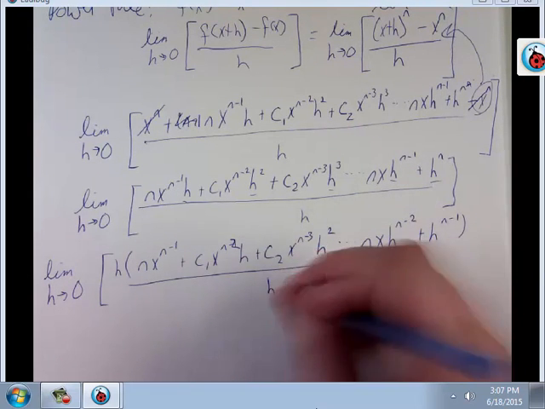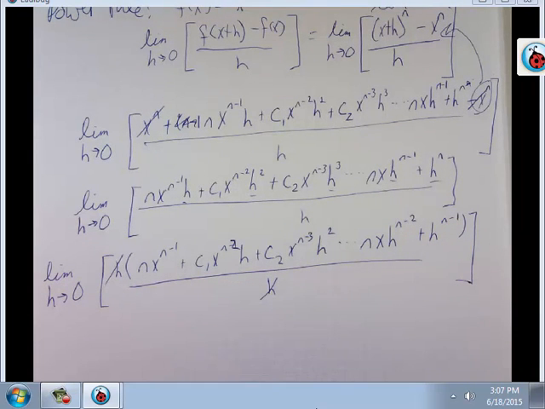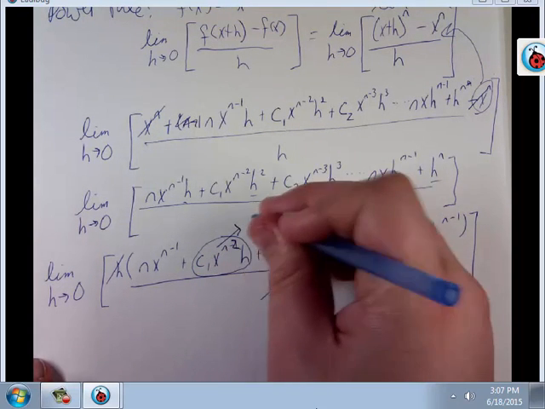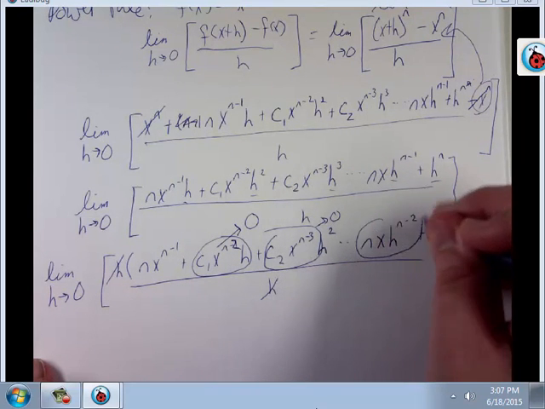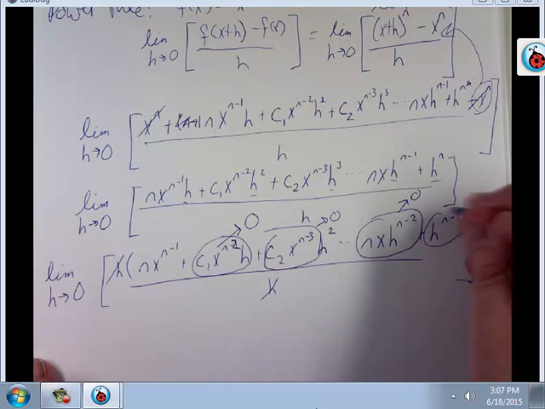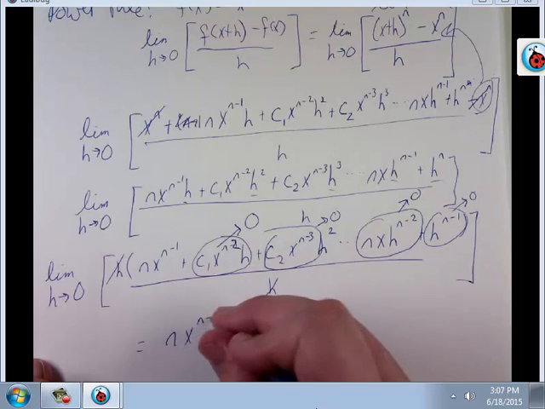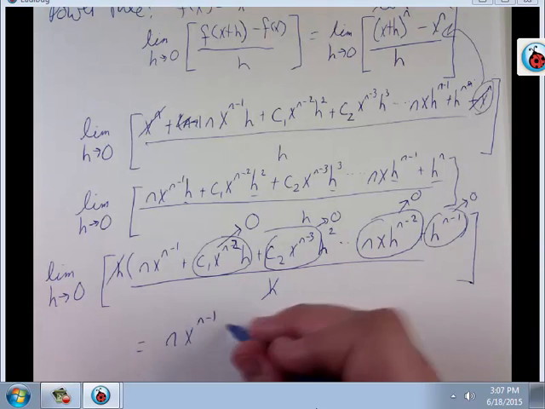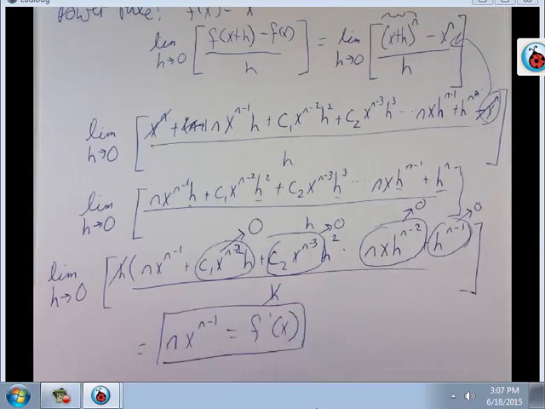Those cancel out. And when I put 0 in for all those h's, this goes to 0. This goes to 0. Everything goes to 0 except n x to the n minus 1. And this is our derivative. So that's the first big rule we've covered.